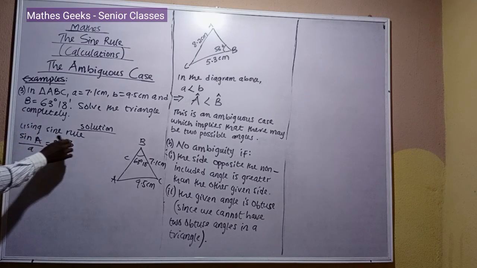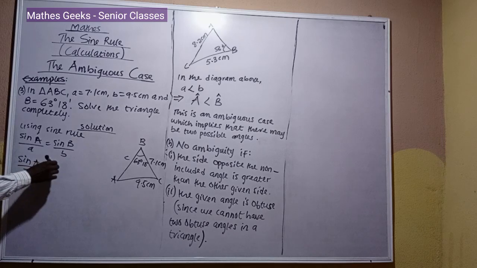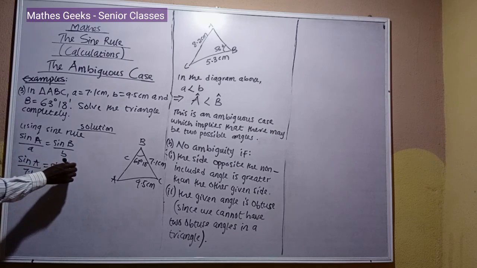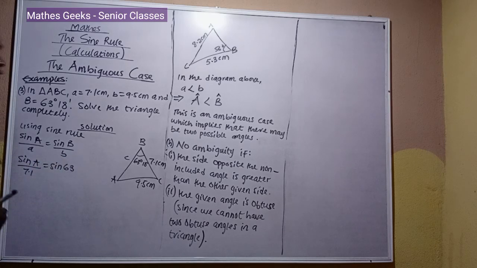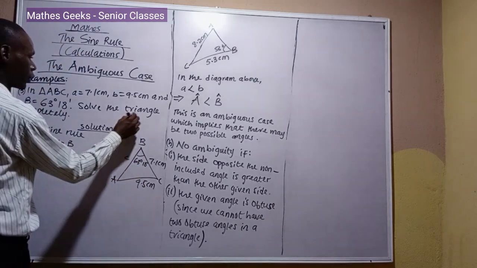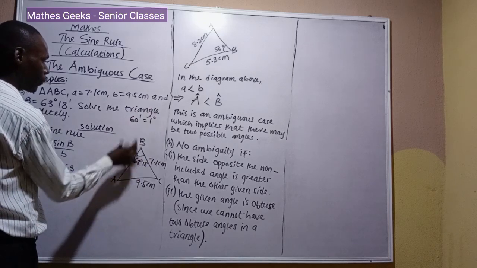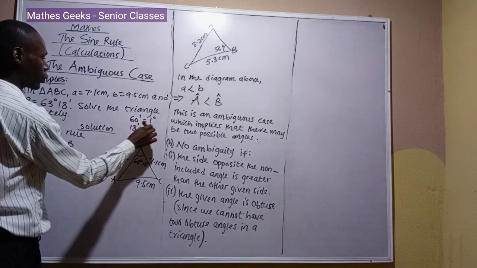sine B over b. Sine A is unknown over a, which is 7.1, equal to sine B, which is 63 degrees 18 minutes. So what we need to do is to convert minutes to degrees. 60 minutes equal to 1 degree. So 18 minutes equal to x degrees.